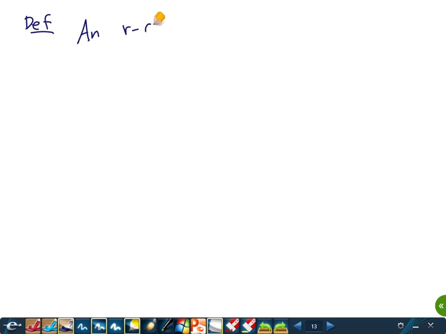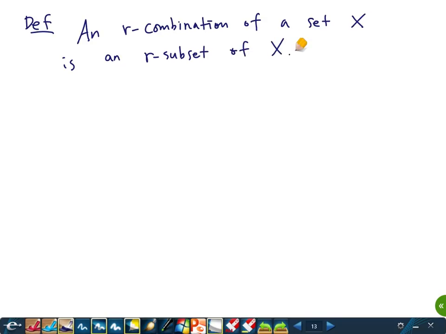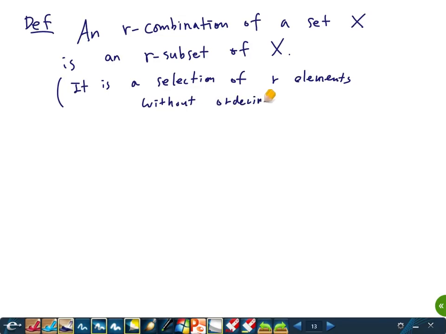An r-combination of a set X is nothing but an r-subset of X. So r-combination means r-subset. Basically, it is a selection of r elements without ordering them.